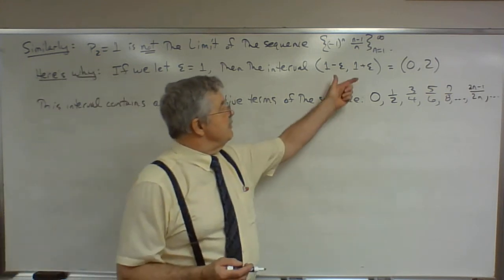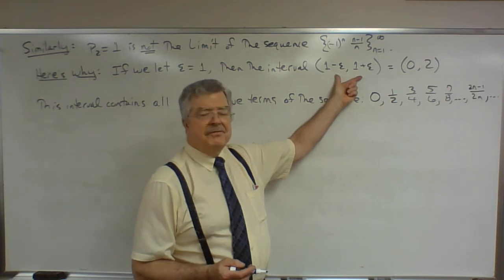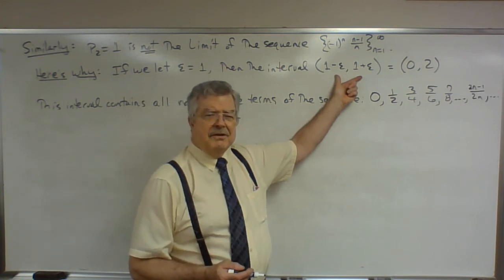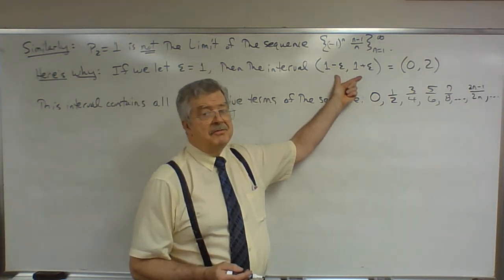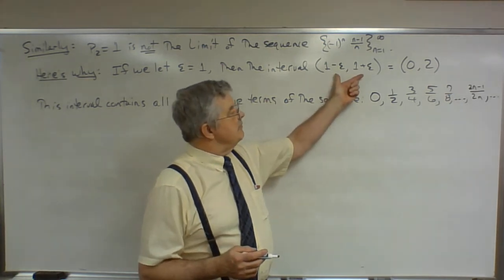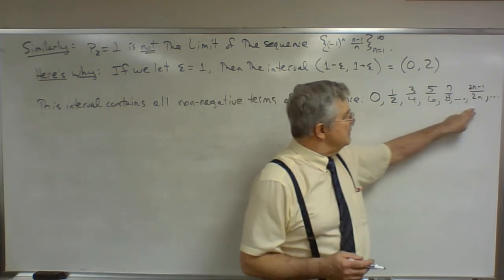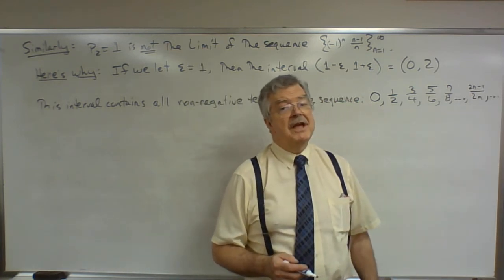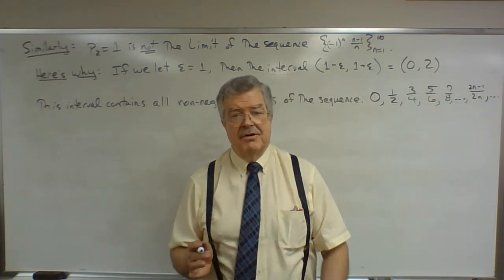Every interval of this form has to contain infinitely many terms of the sequence. So no surprise that this interval contains infinitely many terms of the sequence, in this case, all of the non-negative terms.